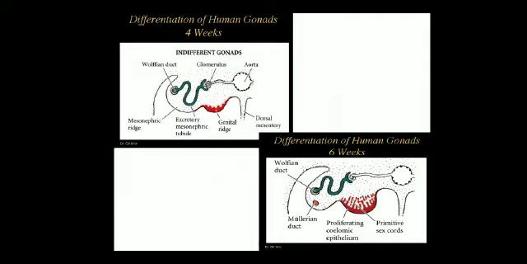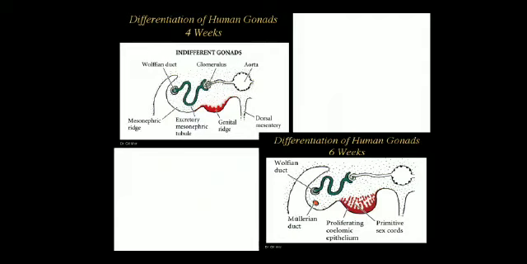The SRY gene encodes the testis determining factor. So from this gene, the testis determining factor will be formed, and this produces Sertoli cell differentiation.